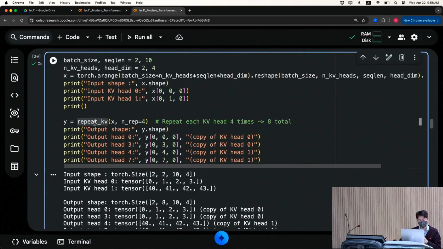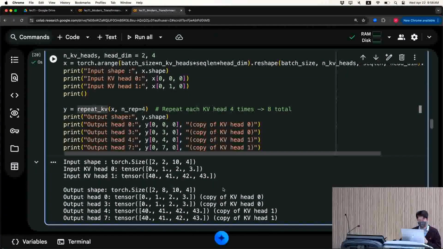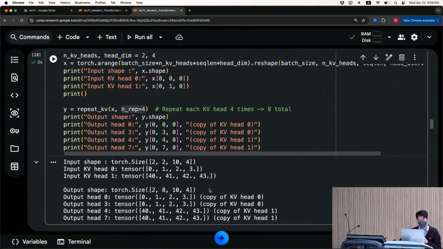And after we execute this repeat KV method with n_rep equal to 4, this entry must have been repeated 4 times. So if you query the first and the fourth entry after repetition, it's still the same. This got repeated 4 times. And the same thing for below. This entry here must have been repeated 4 times. So if you query the 5th one and the 8th one, it's still the same.